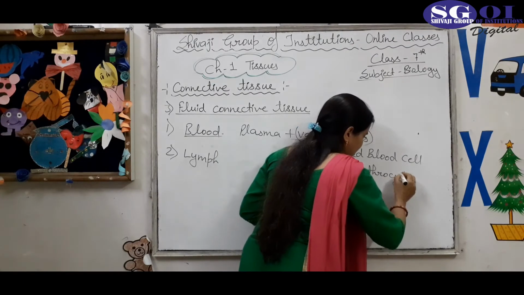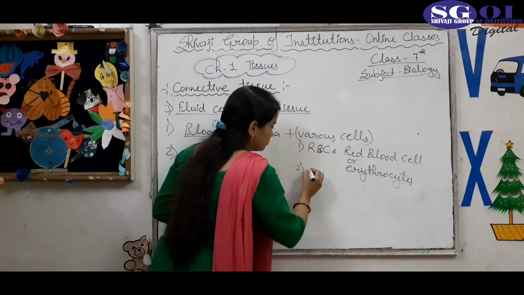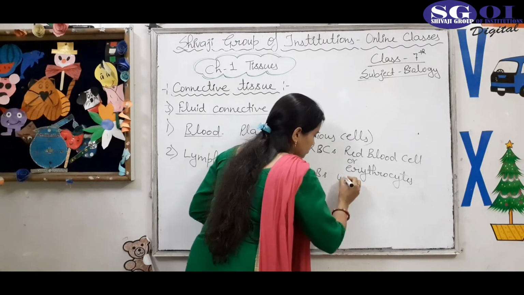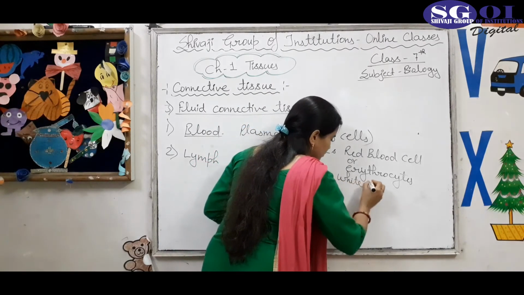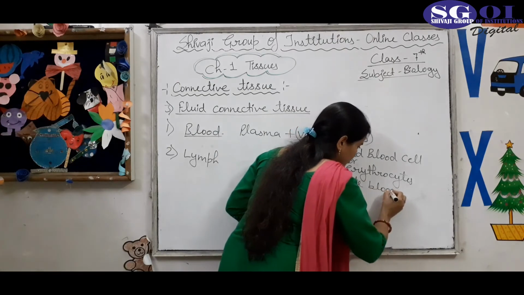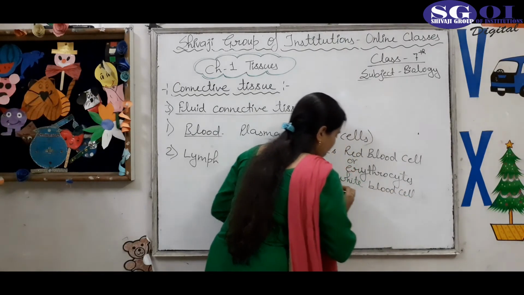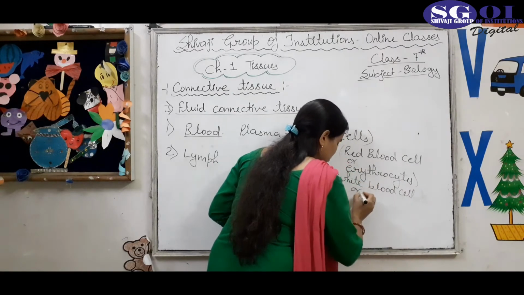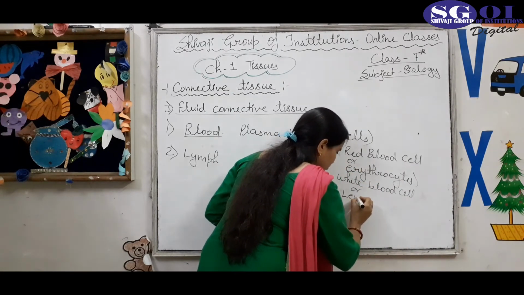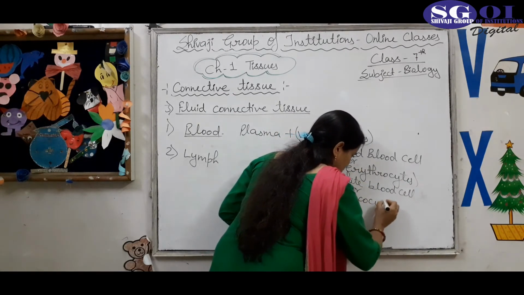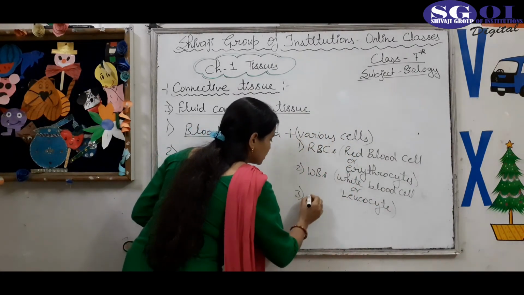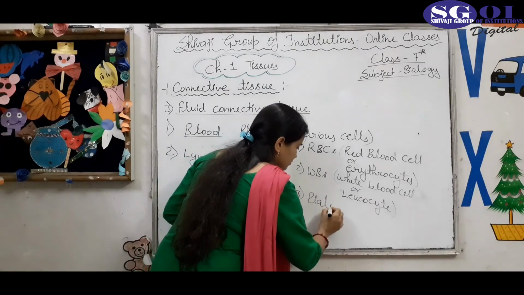And the second type is the WBC, the white blood cell, also known as leukocyte. And third one is the platelets.